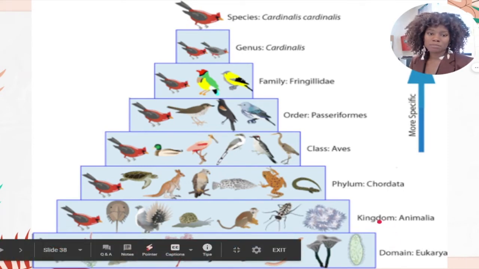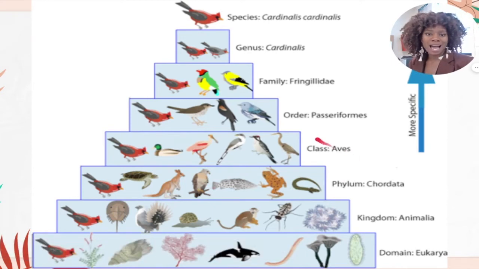So this kingdom that's being shown here is Animalia. And as we notice, we still see lots of diversity, lots of organisms, but it's getting a bit more specific as compared to the domain. Then we see Chordata. Okay, we're seeing less diversity. It's getting smaller and smaller as we go up to class and order and family. By the time we get to order and family, these are just like birds, right?